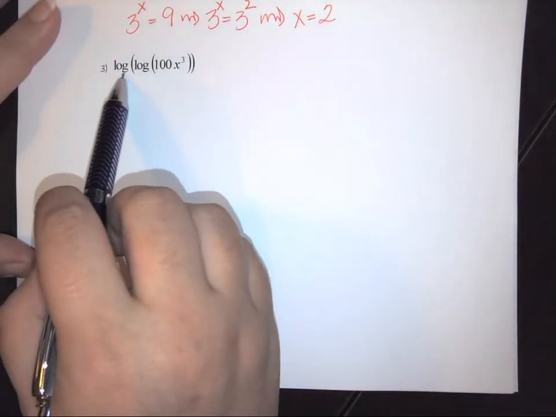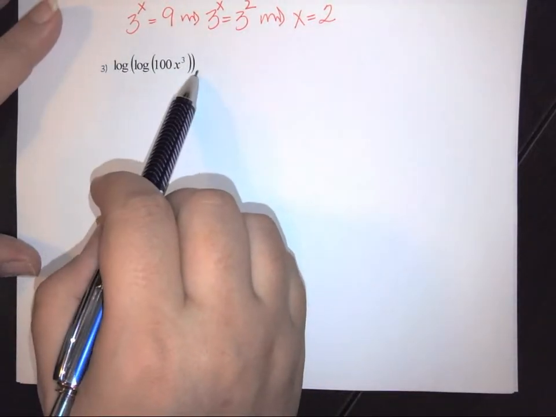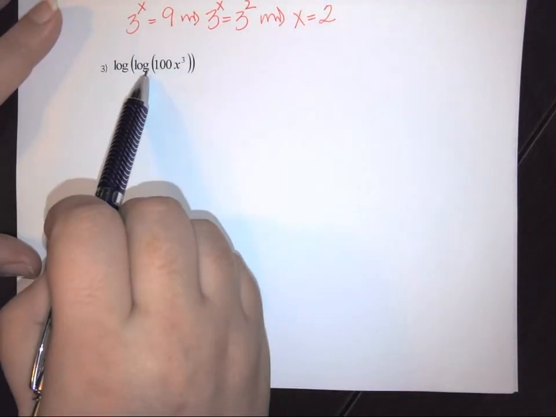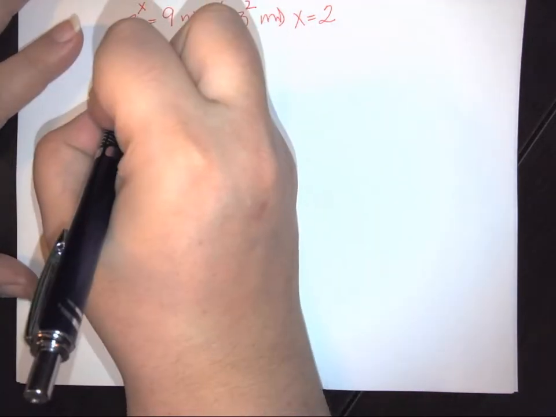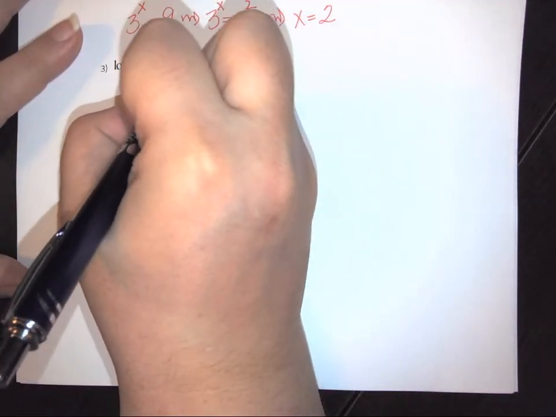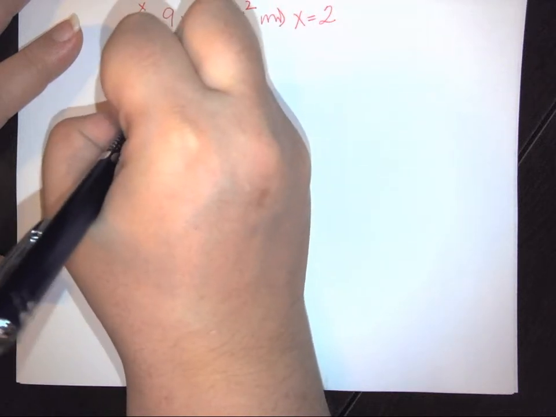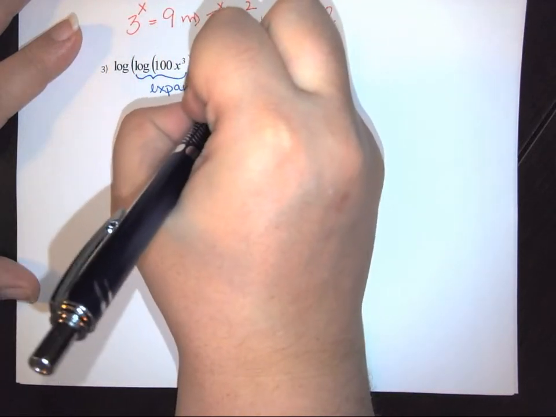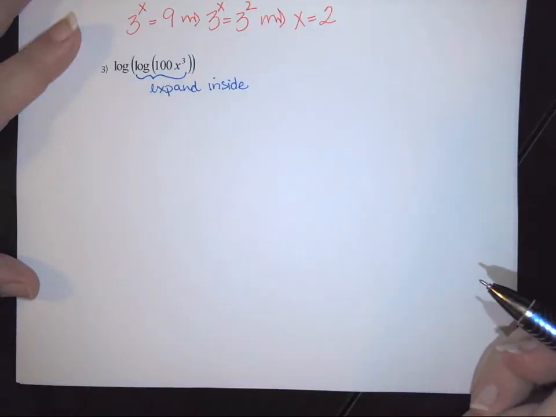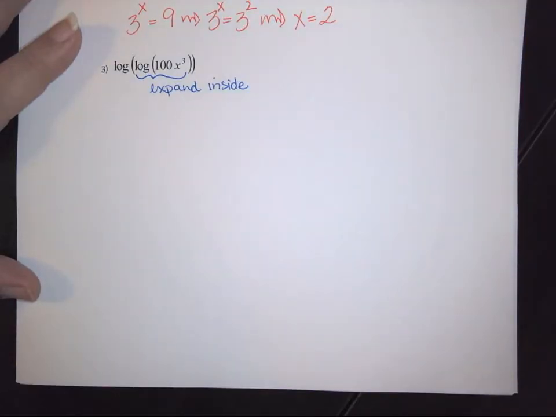Alright, so now if we look at this, we have a log inside a log. So this is what we need to look at first. First we have to expand here, and then we can worry about looking at it as a whole to see if there's anything else for us to expand.